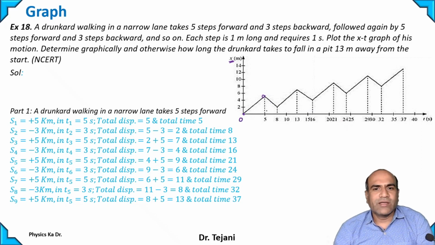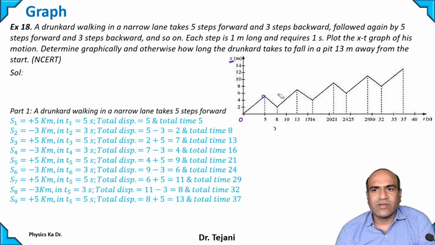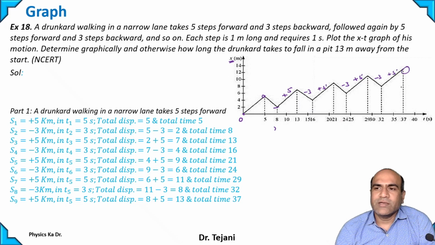Time cannot be negative, but movement is there. It is moving in the negative direction, negative 3. Then plus 5, minus 3, plus 5, minus 3, plus 5, minus 3, plus 5, and he is in the pit.